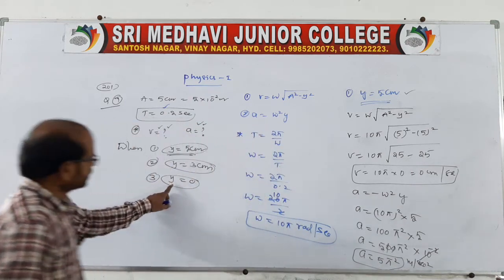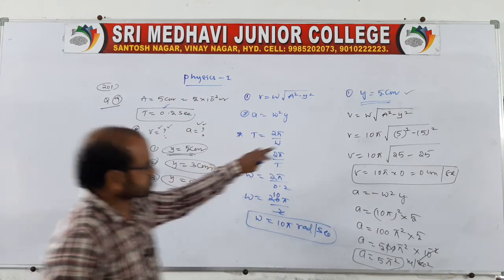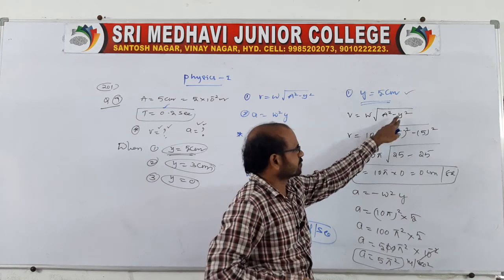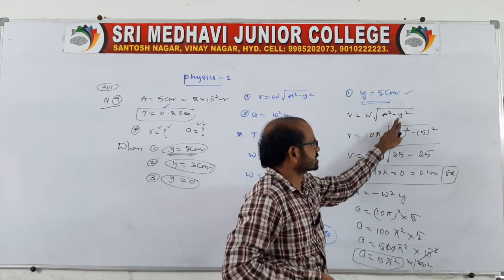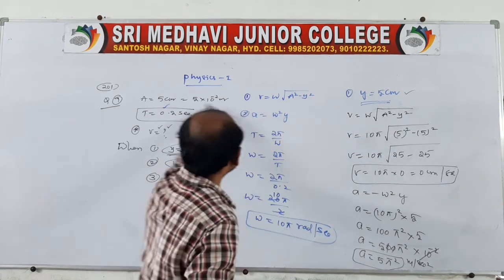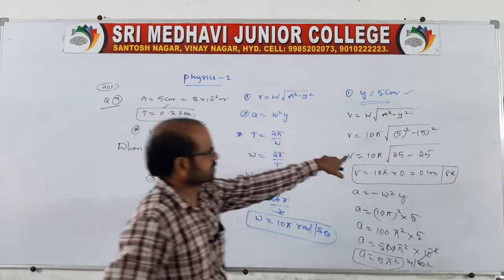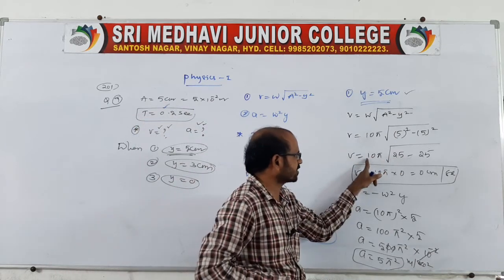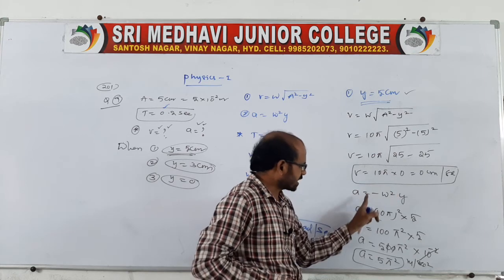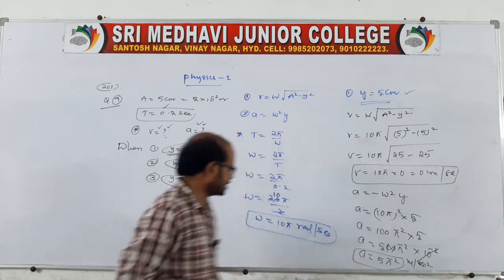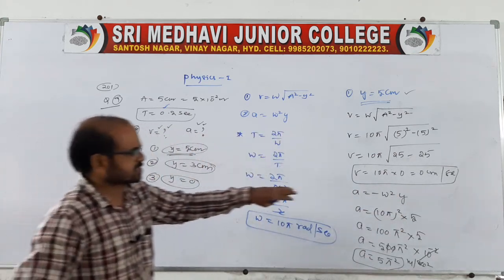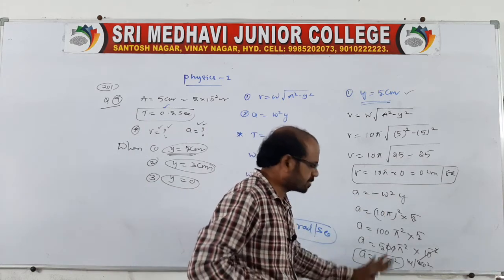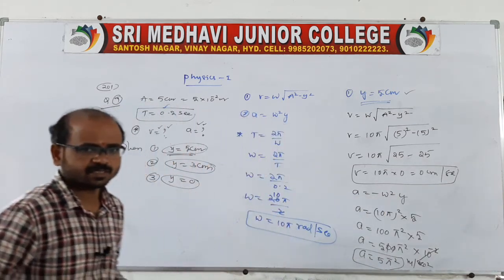Then for displacement 0, substitute 0 directly, so the term becomes 0. Root of 25 is 5, so the velocity is 50 pi. The acceleration is 0, because at the mean position the displacement is 0.